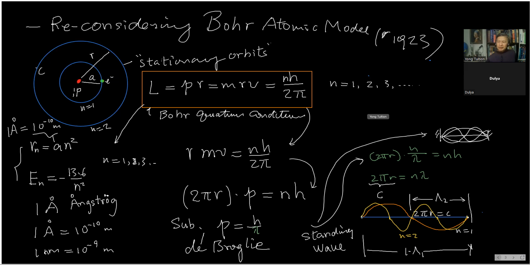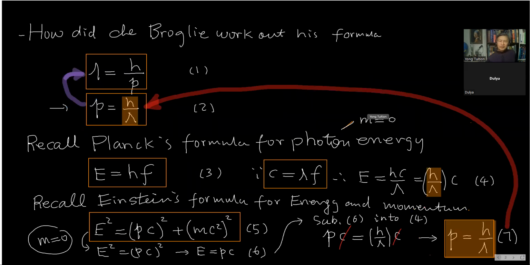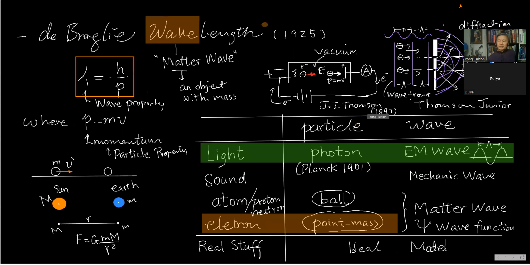Any question? No. Okay. So electrons travel as waves as well. Electron can either be described as a particle or a matter wave.